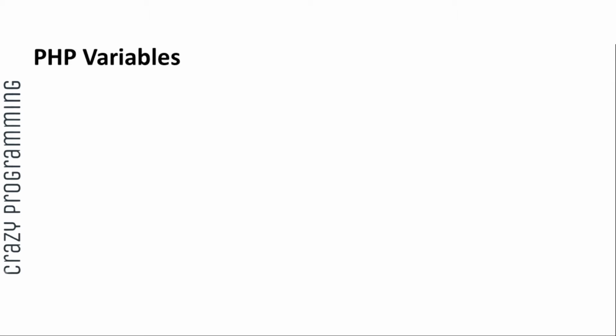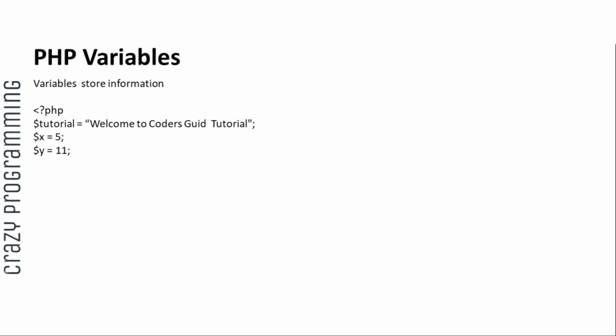We are going to see PHP variables here, and number one thing we will understand is what is the use of variables. Variables are used to store information, and we can write the code like that: a dollar sign and a variable name, like I'm using here.